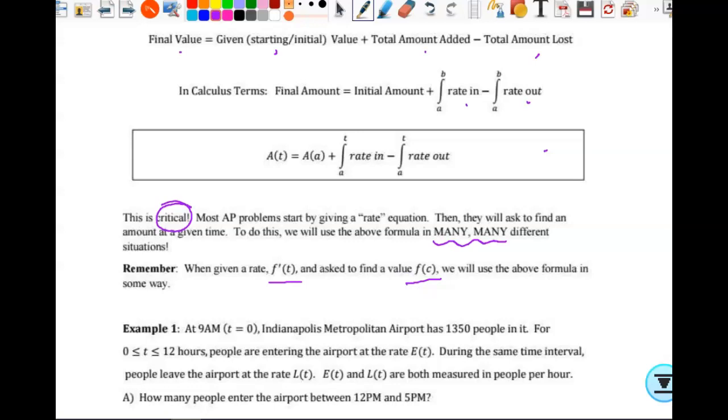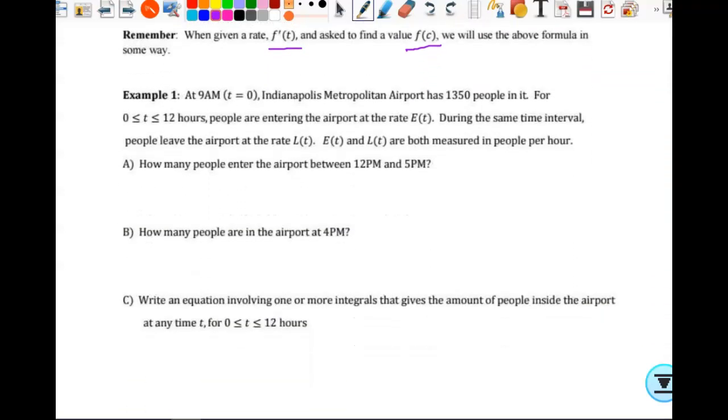All right. So let's look at this. We have a first example here. All right, so at 9 a.m., which is t equals 0, it's important to know, Indianapolis Metropolitan Airport has 1,350 people in it. That means your initial amount, your A of 0, is equal to 1,350.